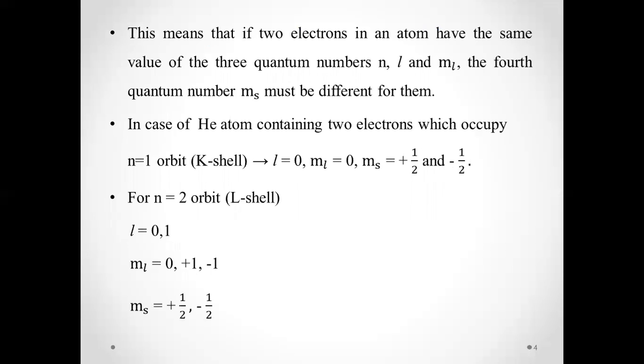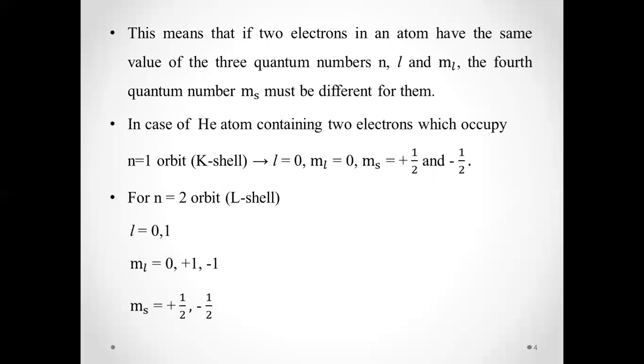This means that if two electrons in an atom have the same value of the three quantum numbers, say n, l, and ml, the fourth quantum number, ms, must definitely be different for them.